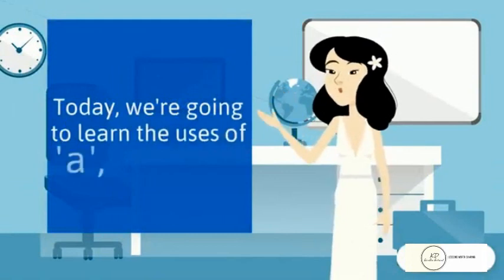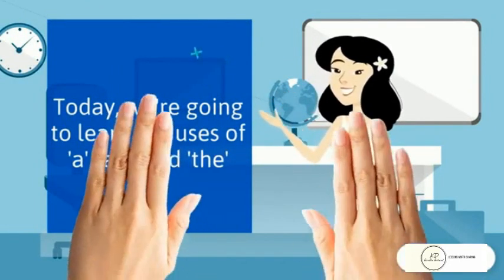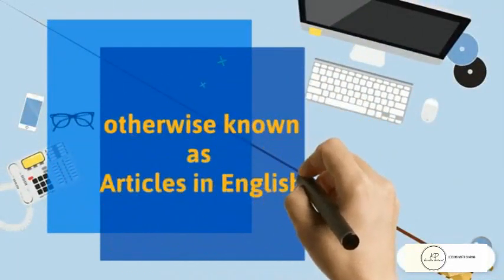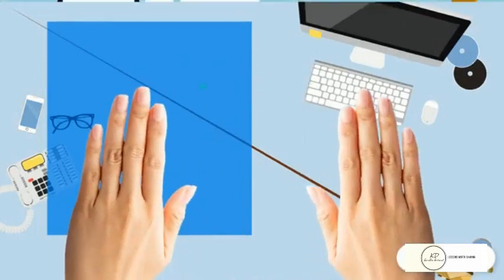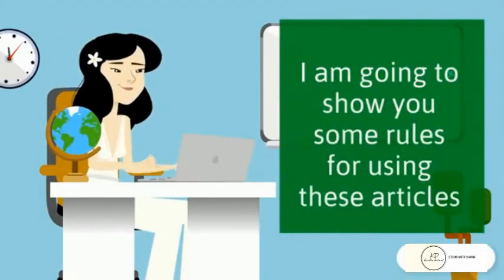Today, we're going to learn the uses of a, an, and the, otherwise known as articles in English. I am going to show you some rules for using these articles.